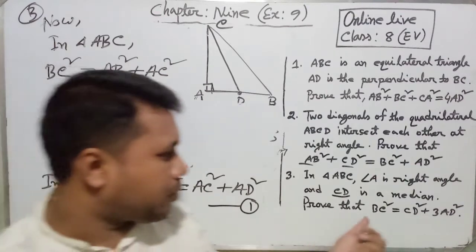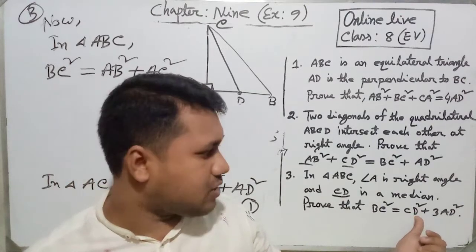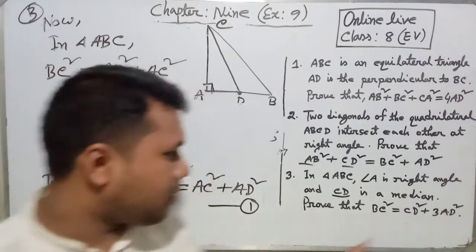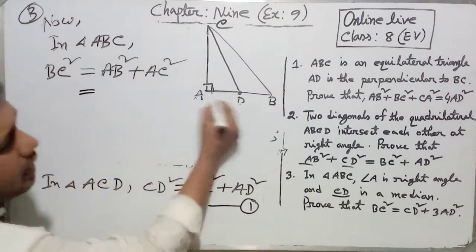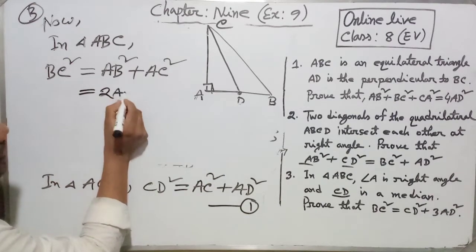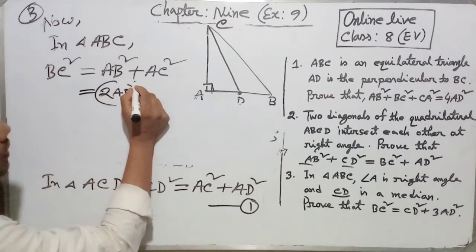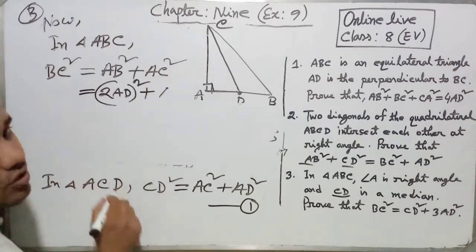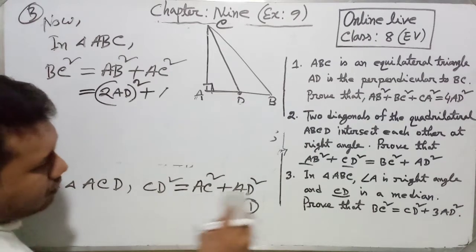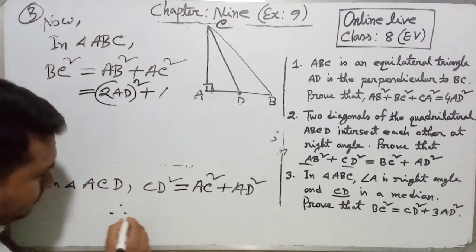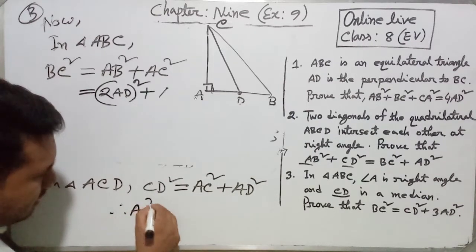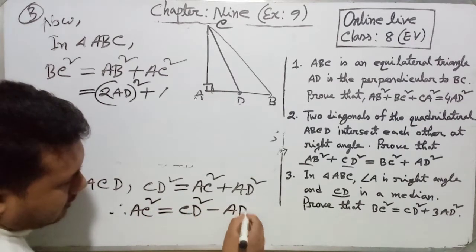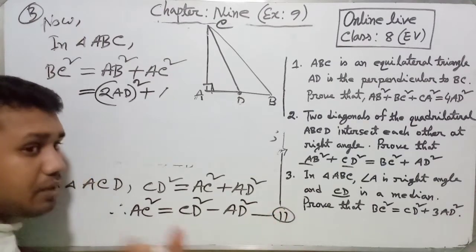Now dear student, we have to prove that BC square equal CD square plus 3AD square. Now dear students, for AB we can write 2AD, so it will be 2AD square, and this is our AC square. Now from this one suppose AC square will be CD square minus AD square. Suppose this is our equation number 2.